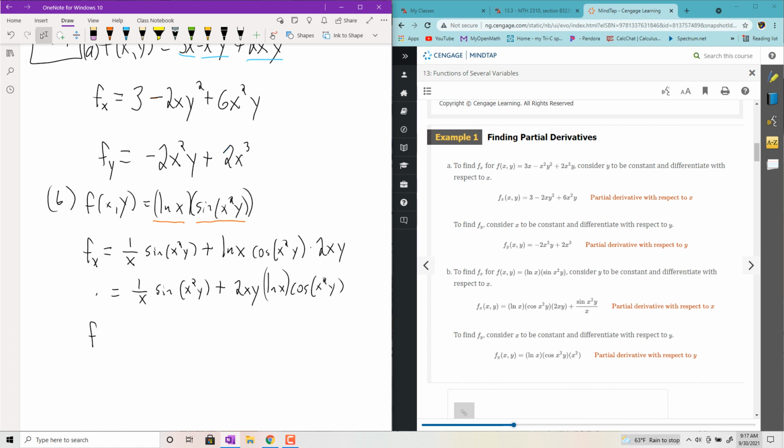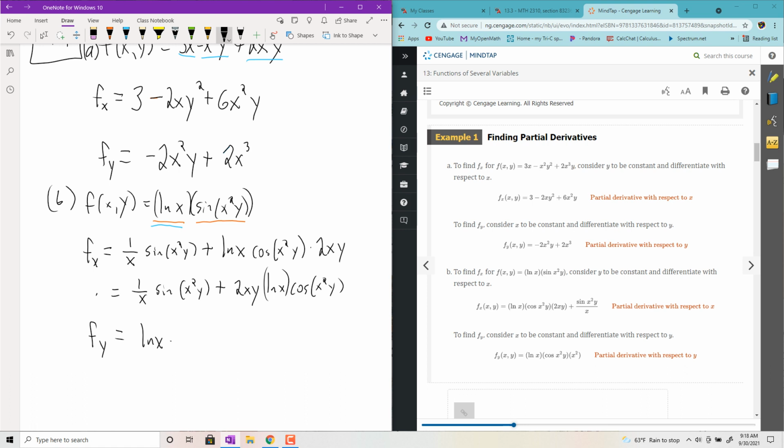Okay, let's go to the derivative with respect to y. So this time, that first term there, the ln x part, is just a constant now. So you need not use the product rule. You just leave the ln of x alone and then take the derivative of sine of x squared y.